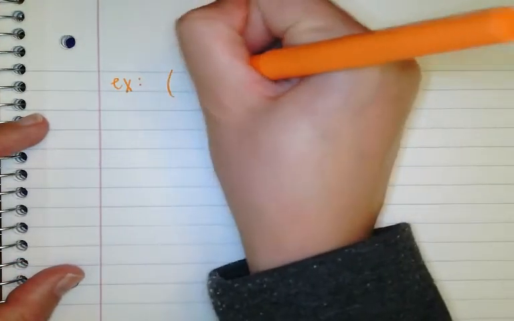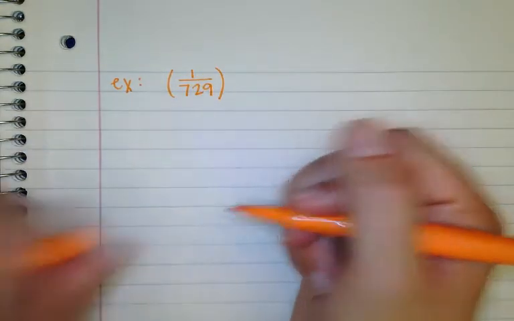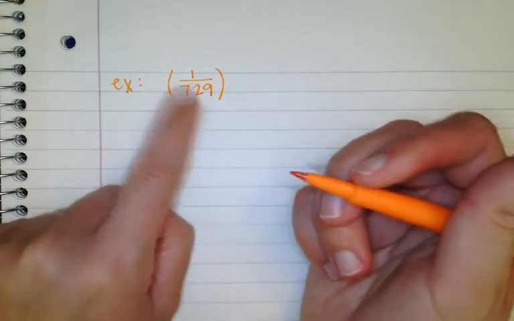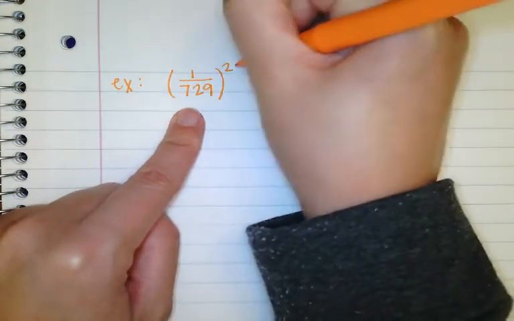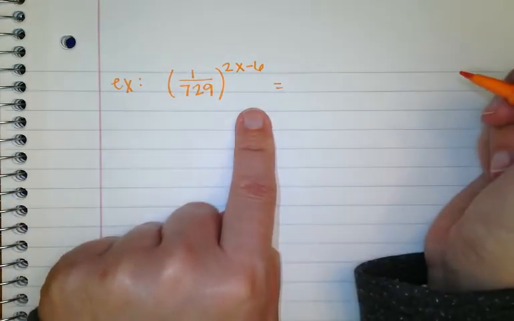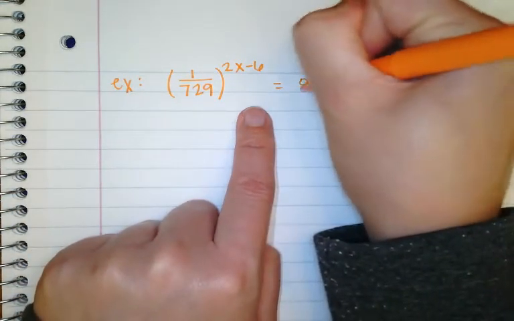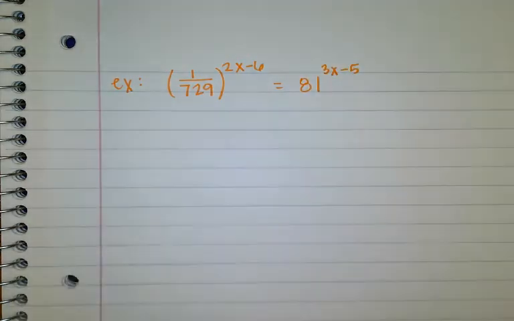Okay, let's go ahead and do maybe 2 more. So next problem. Let's try 1 over 729. Okay, so immediately I know I'm going to need a negative exponent to make this fraction here. The exponent it currently has is 2x minus 6 equals 81 to the 3x minus 5 power.